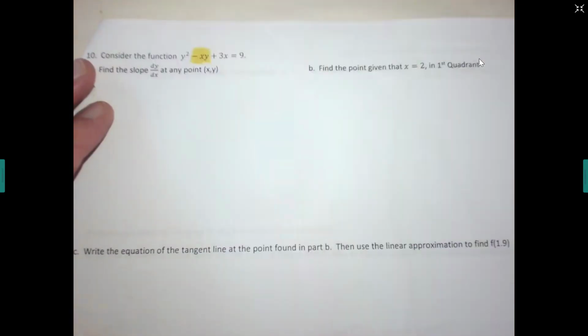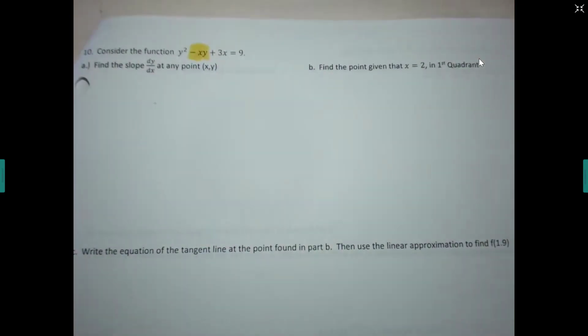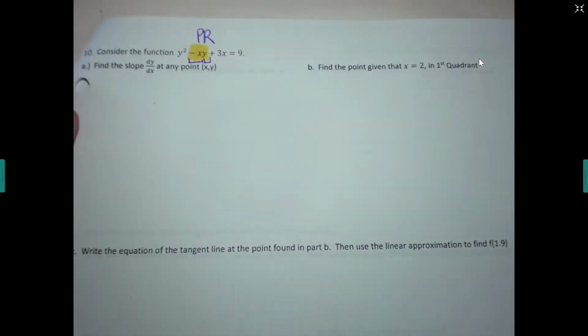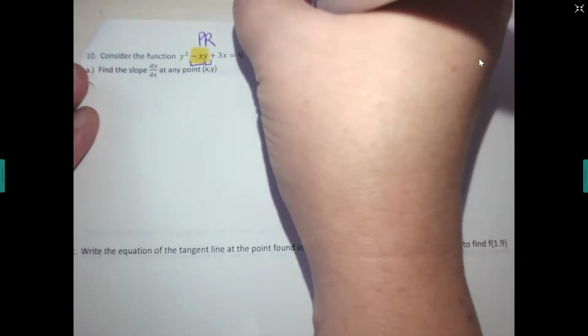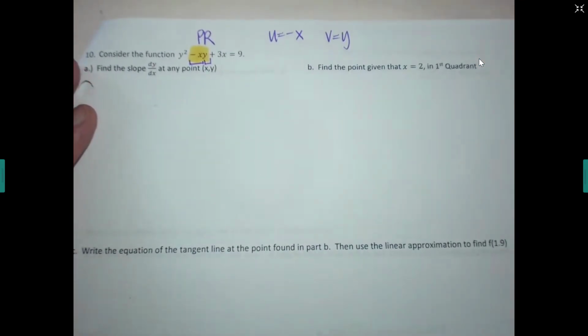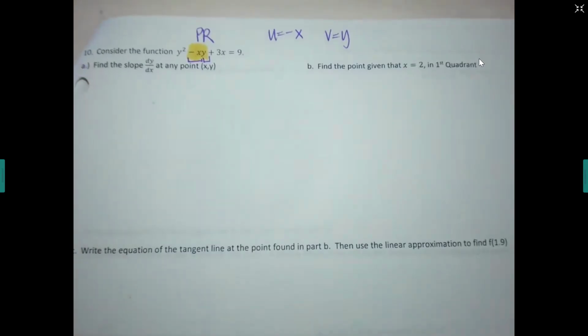Now, when you pick your product rule, remember, you want to include the negative in that as well. So it really should be a negative X and then a Y. So my U is a minus X, my V is a Y. Take the derivative of that product, please.